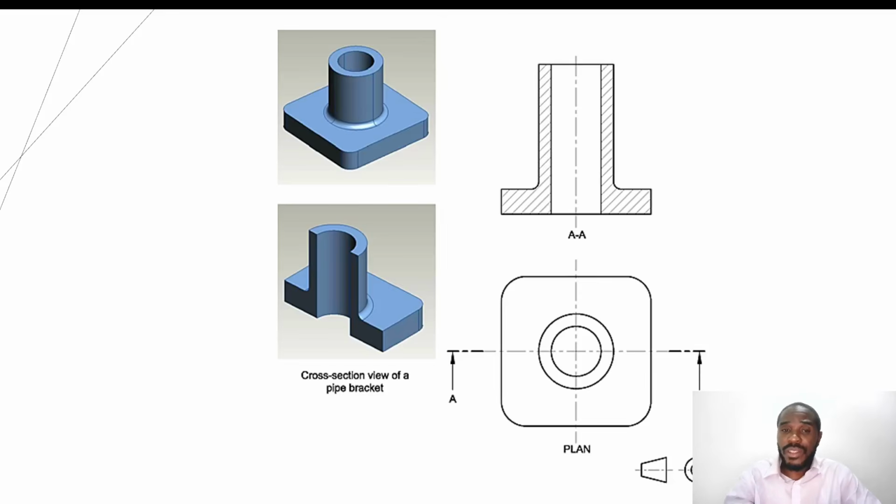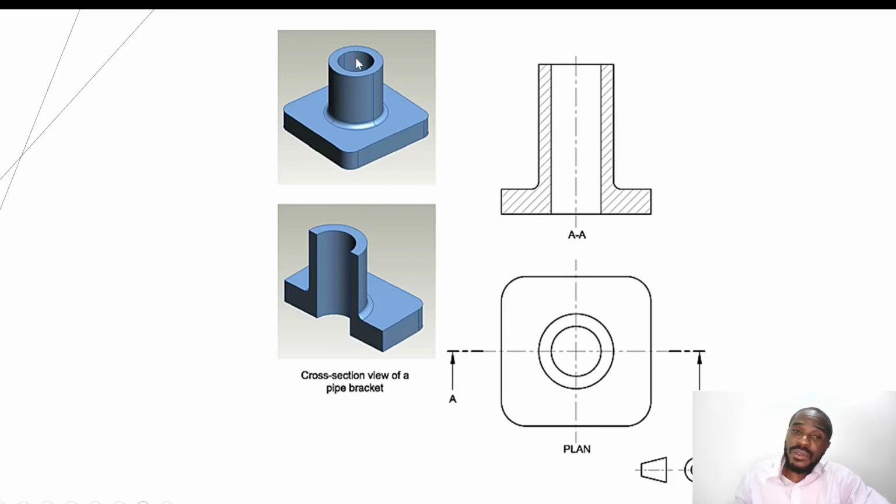This is a very typical example. When you look at this object, it has a square-like base that is filleted at the four edges, and then there is some sort of piping system that projects from it.